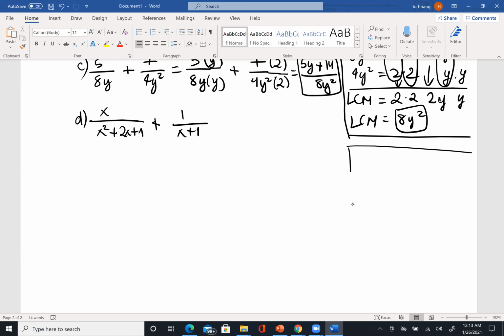So another side work. I have x squared plus 2x plus 1, it is a special case, right? You can just write x plus 1 squared. And then before doing that, you need to have parentheses here, right? Then the other denominator will be x plus 1.